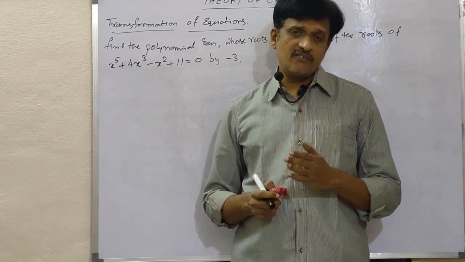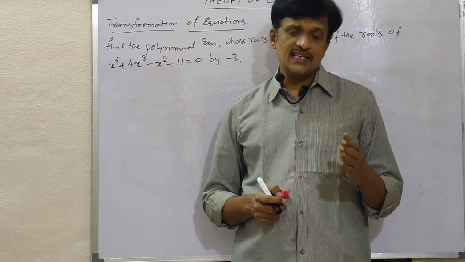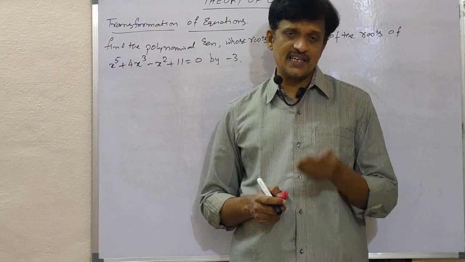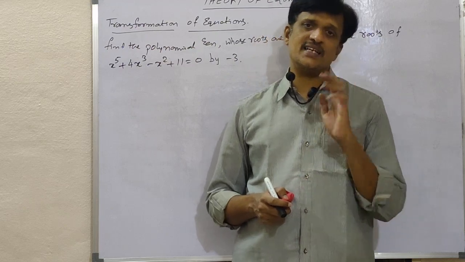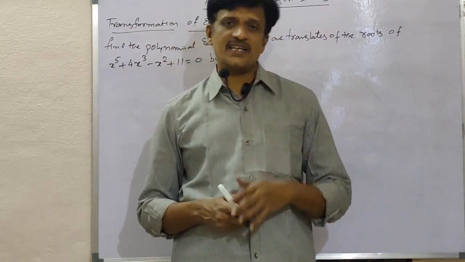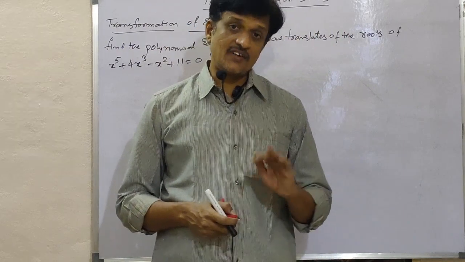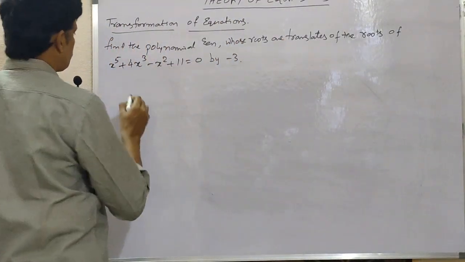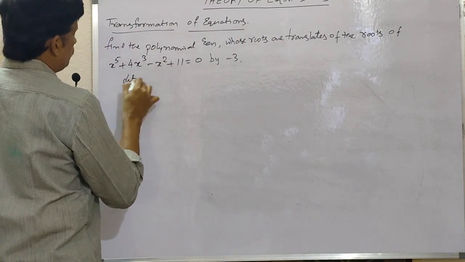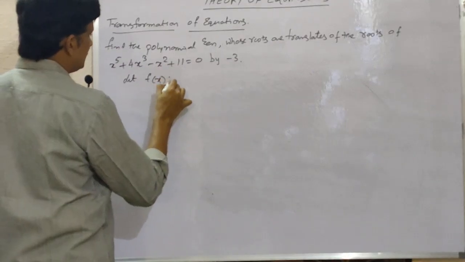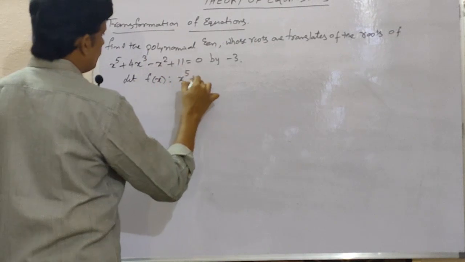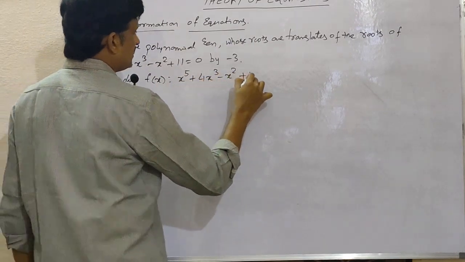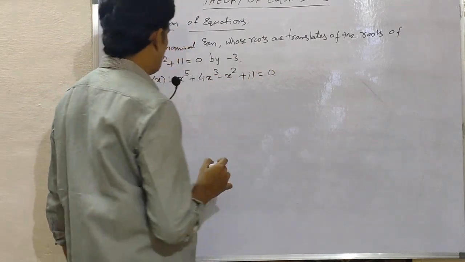So if the roots are alpha 1, alpha 2, alpha 3 like this, then the transformed, that means the new roots, are alpha 1 minus 3, alpha 2 minus 3, alpha 3 minus 3 like this. Means alpha 1 minus h. So the required equation is f of x plus h equal to 0. So here let f of x be x power 5 plus 4x cube minus x square plus 11 equal to 0.